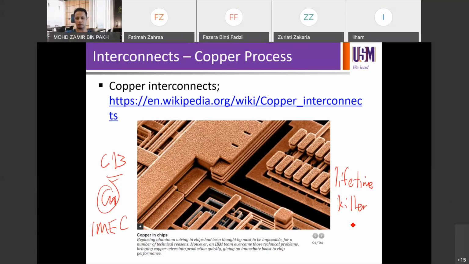So if you have copper in your device, it's going to kill your device instantly, right? Then how come you want to use copper in the interconnects? You want to make sure that they are not in the device, but physically they are on the device, right? So it doesn't make sense, huh?